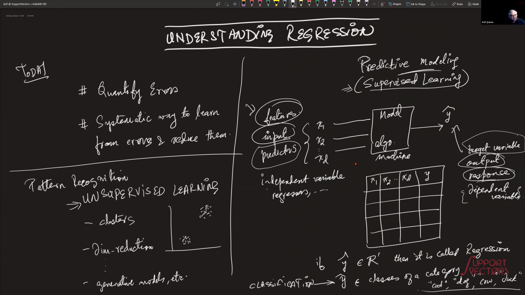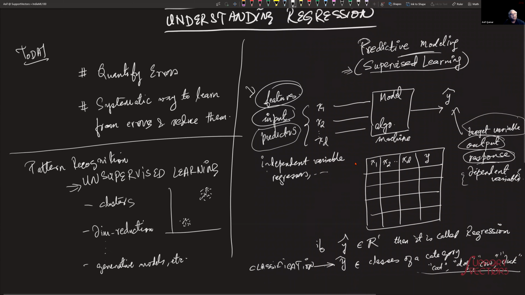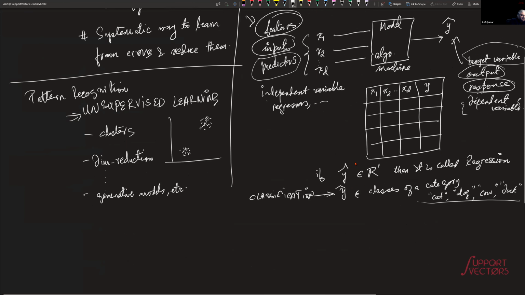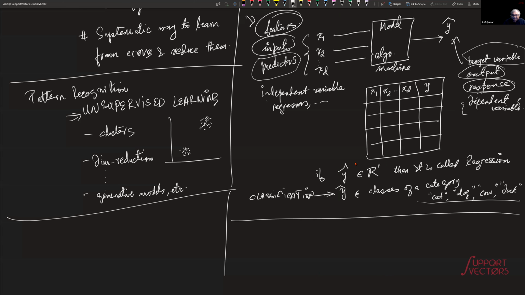There are many things you can do on this side. And there is yet another form of machine learning, which is based on the carrot and stick principle that we talked about. So we talked about another form of machine learning called reinforcement learning. And we saw an example of that.